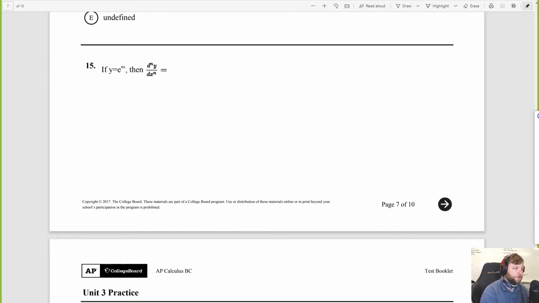What I would do is just do this a few times. y prime would be e to the nx times n. y double prime would be e to the nx times n, then that n would be 2.